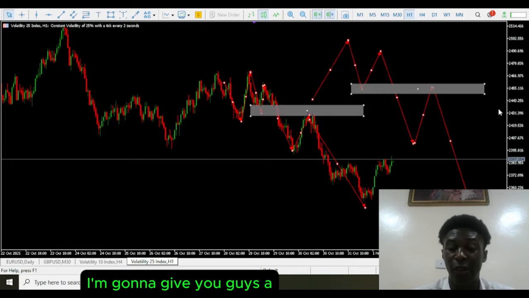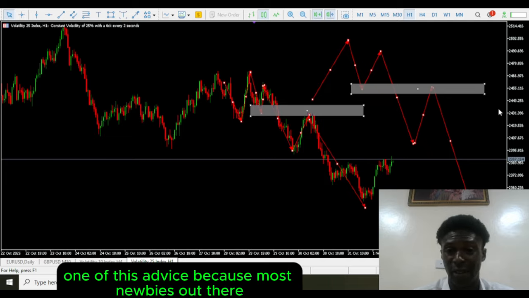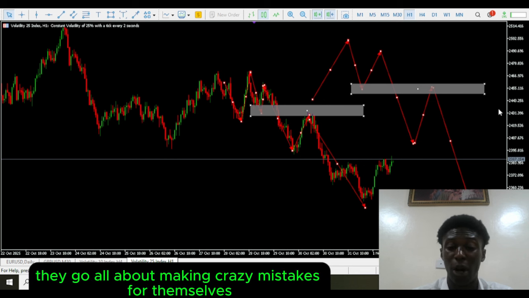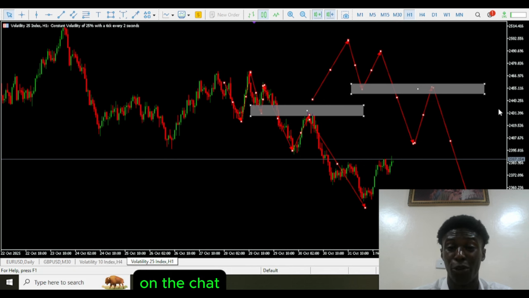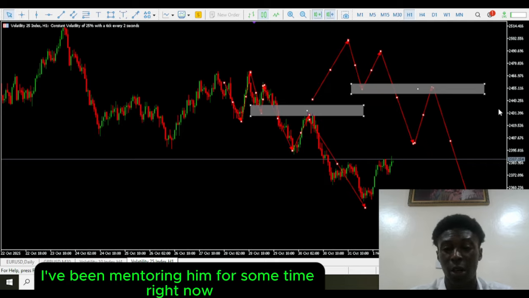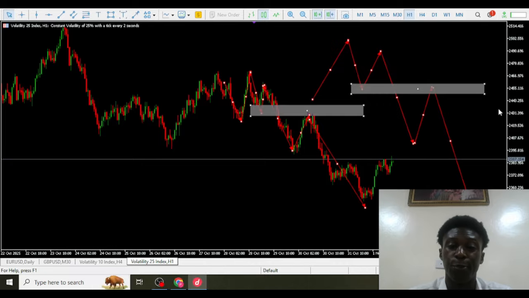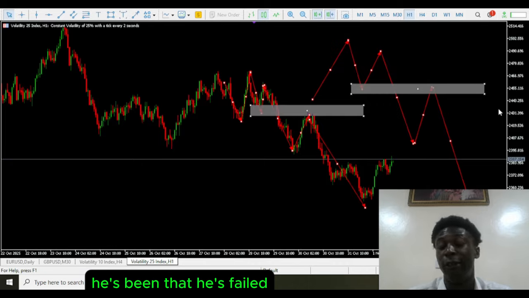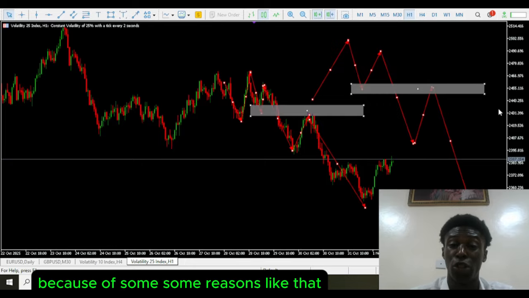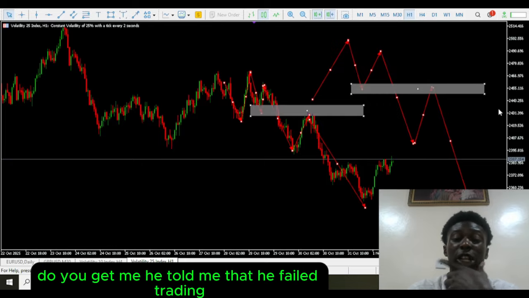Okay, I'm going to give you guys one piece of advice, because most newbies out there in the game go about making crazy mistakes for themselves on the chart. One of my mentees, whom I've been mentoring for some time, told me that he has failed in trading multiple times because of some reasons like that.